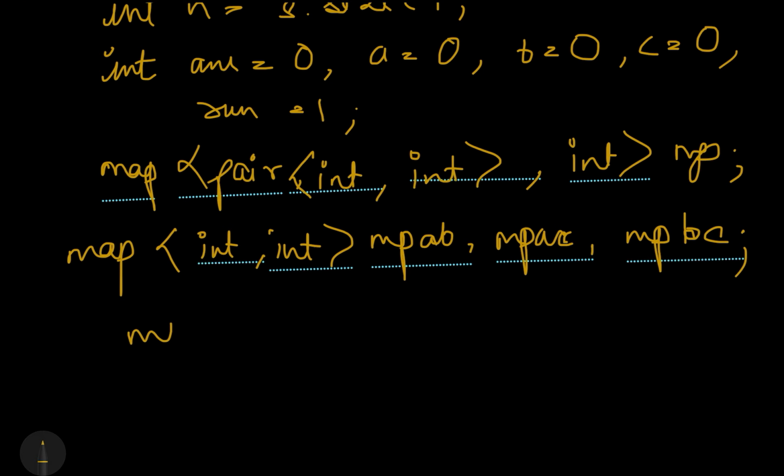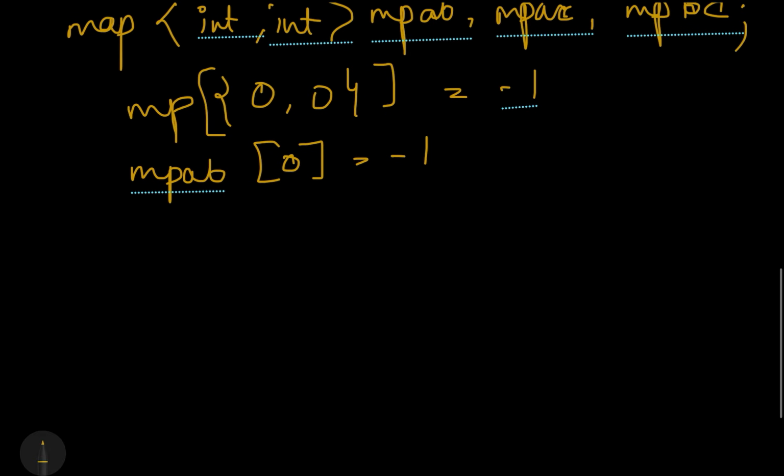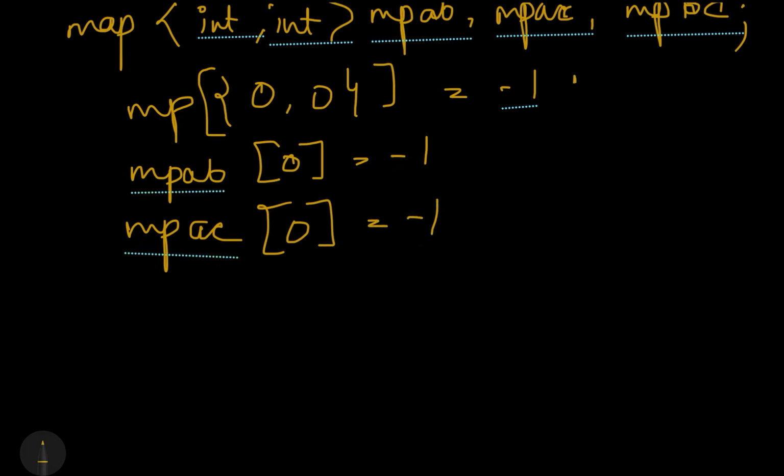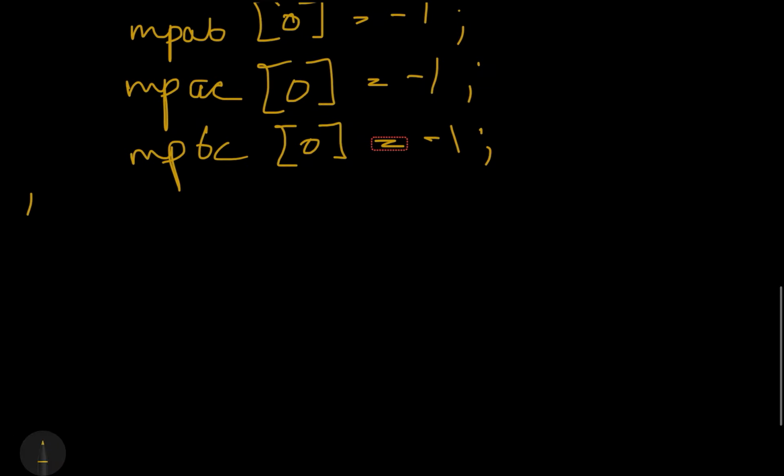These three we can easily initialize: the map of the zero difference pair would be -1. MP of AB we can define as -1, MP of AC is equal to -1, and similarly MP of BC is equal to -1.